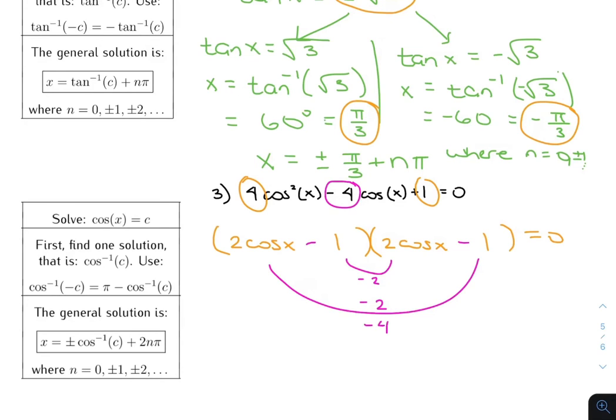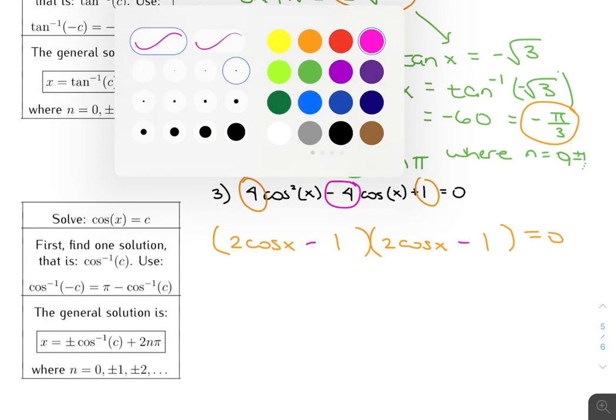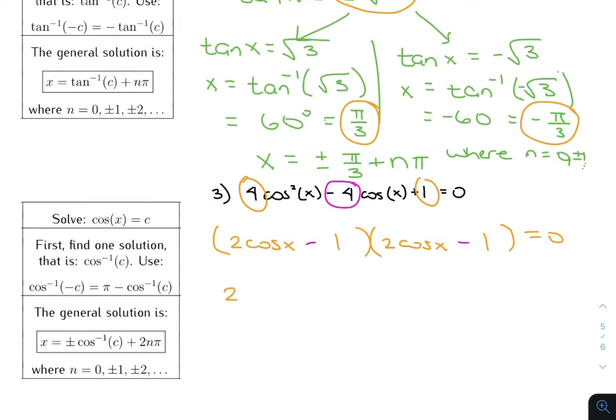So this is what it factors into. And now we can officially solve for it. We want to set them both equal to 0. So we can set 2 cosine x minus 1 equal to 0, and then 2 cosine x minus 1 equal to 0. And since these are both the same, I'm going to work on only one side.